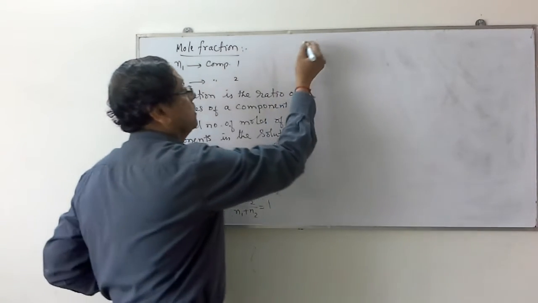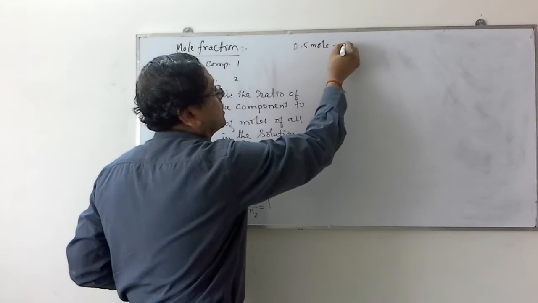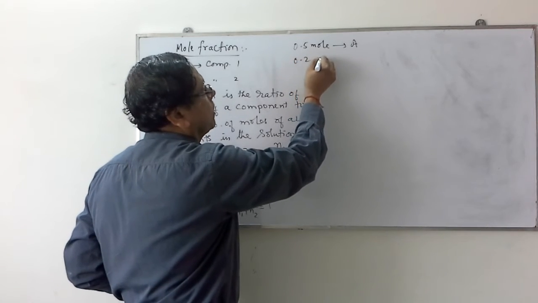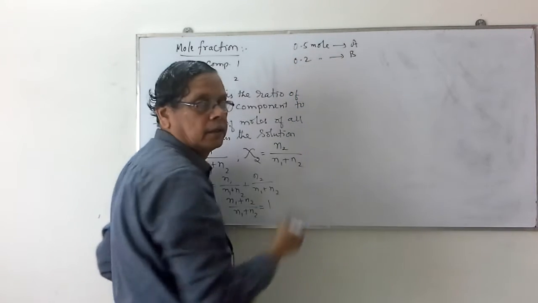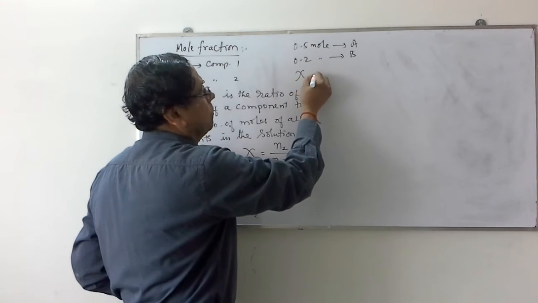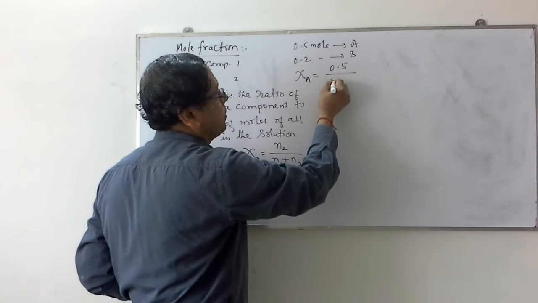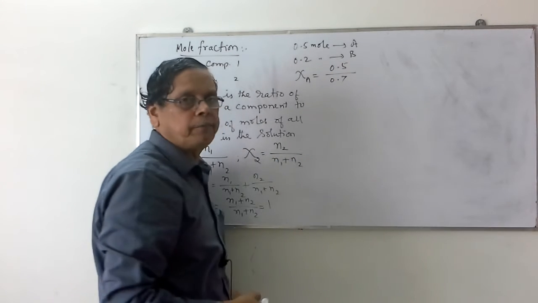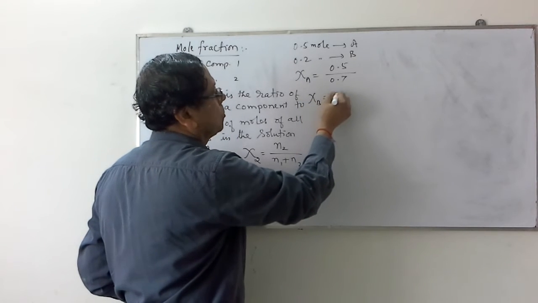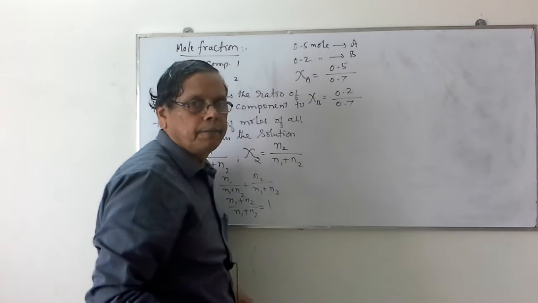Suppose you are given 0.5 mole of component A and 0.2 mole of component B. Then the mole fraction of A will be equal to 0.5 divided by 0.5 plus 0.2, that is 0.7. The mole fraction of B will be equal to 0.2 divided by 0.7.